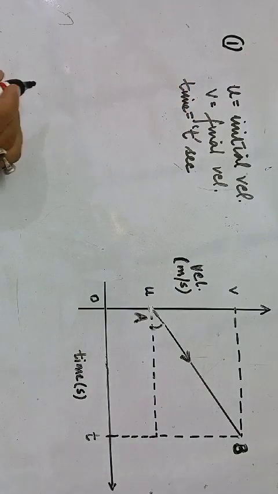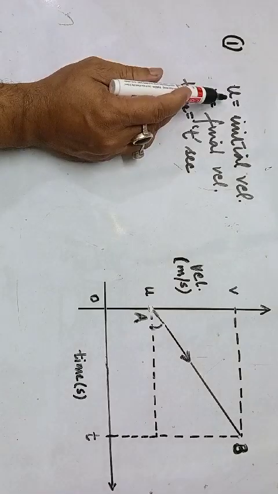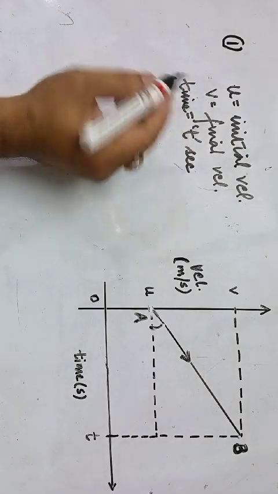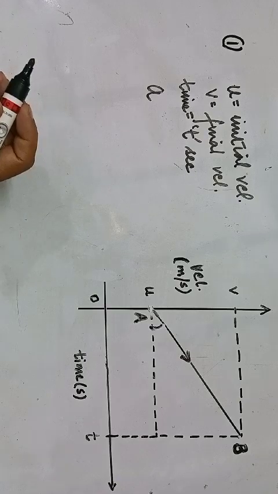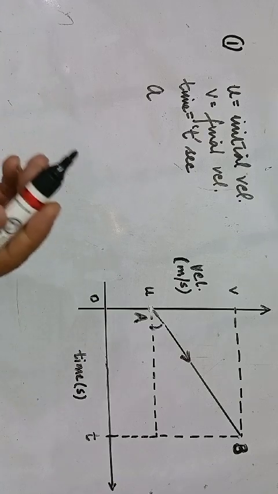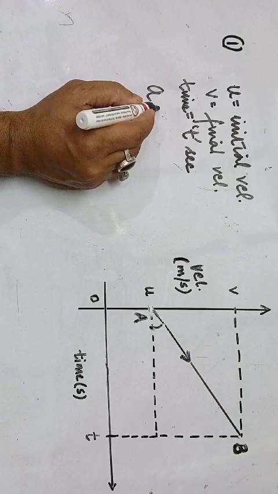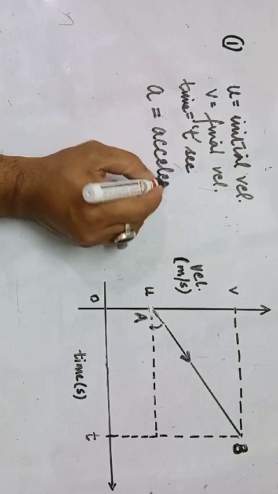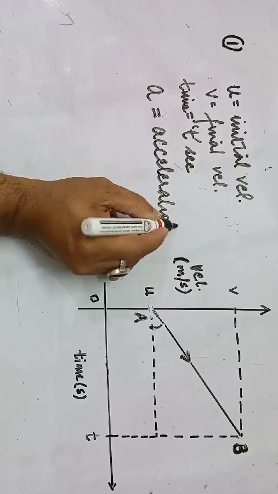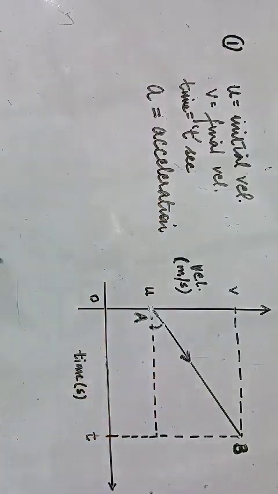Now the moment you see that velocity has changed, then comes the term acceleration, because acceleration is nothing but the rate of change of velocity. So I am referring to a as my acceleration, because this motion has acceleration in it.